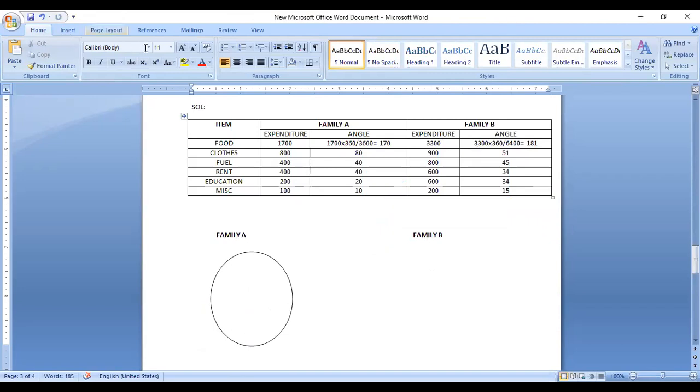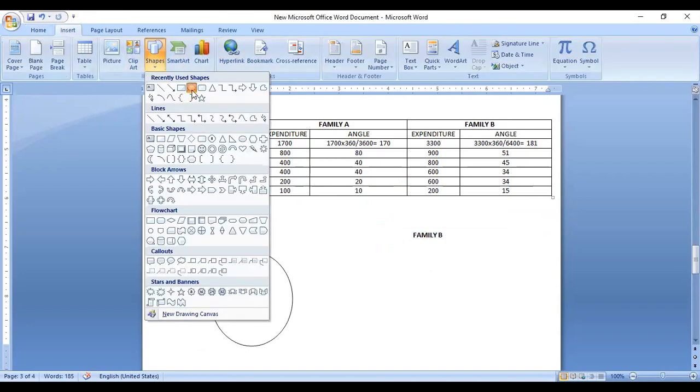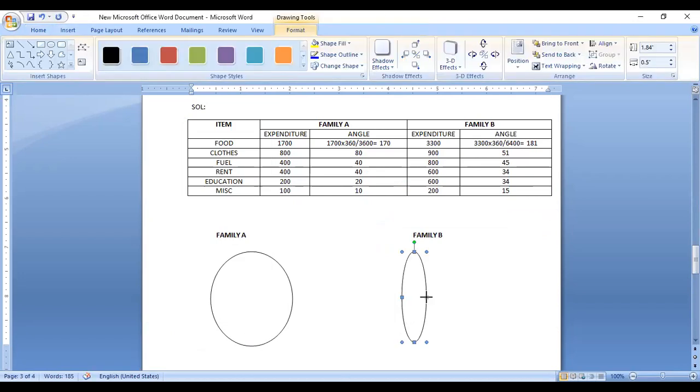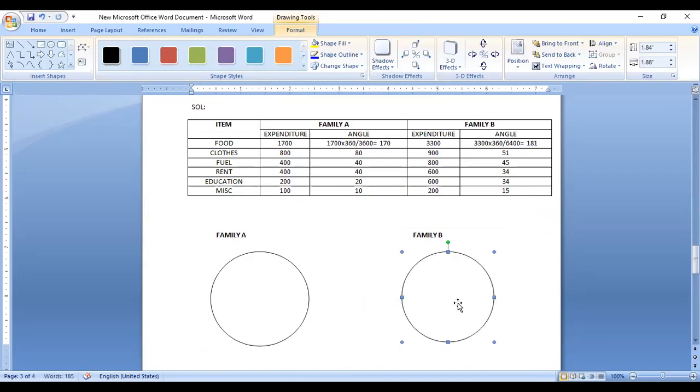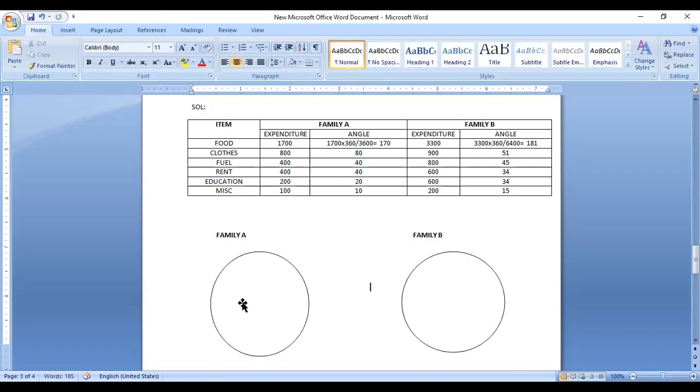So here also, for family B also, I am drawing a circle. Okay. Now coming to family A.